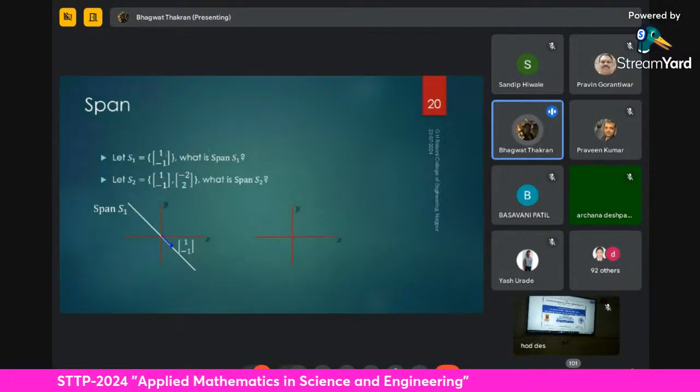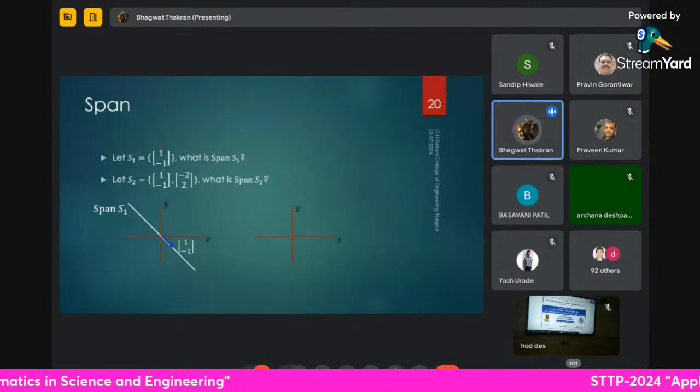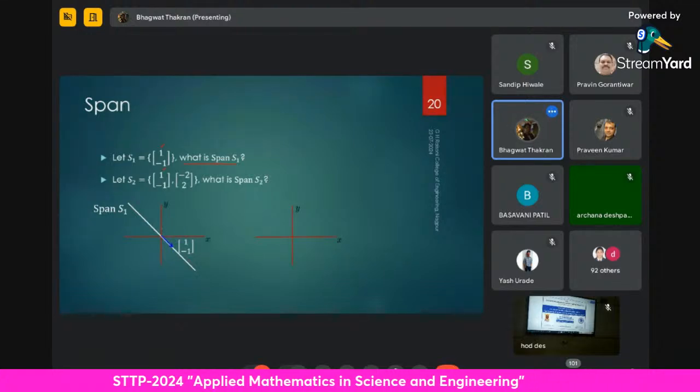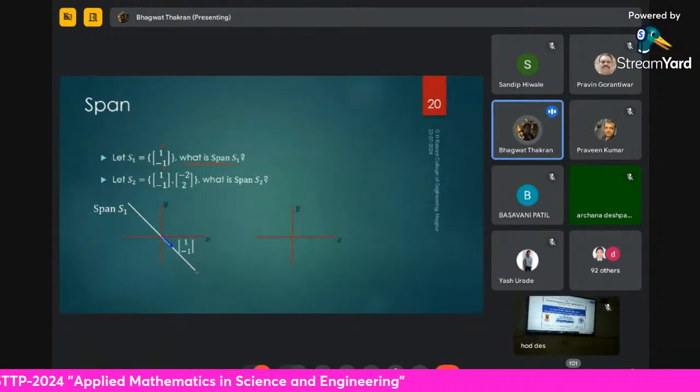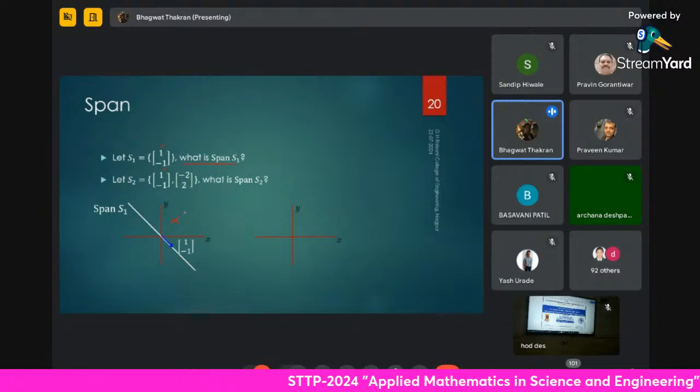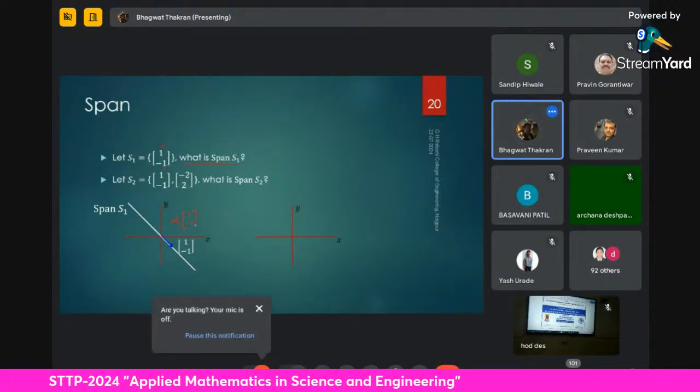Suppose I consider S1 to be the set of only one vector, say 1, minus 1. How do we come to know what the span of S will be? It's a straight line. And why is it a straight line? Because I'll have only one scalar multiplied with one vector, 1, minus 1.